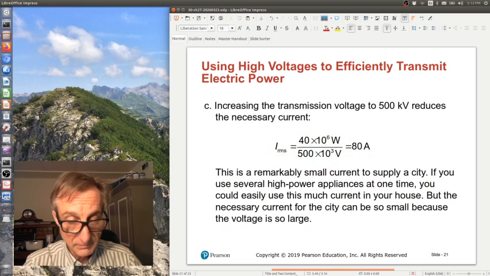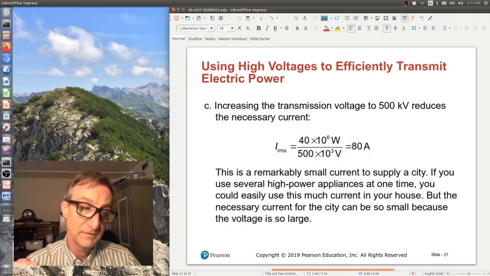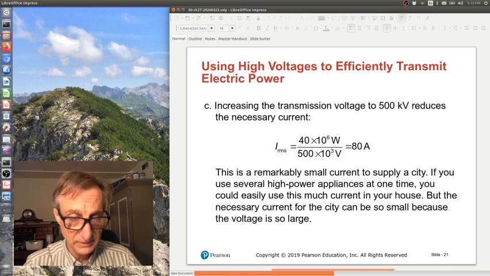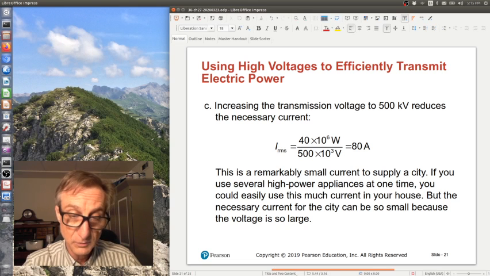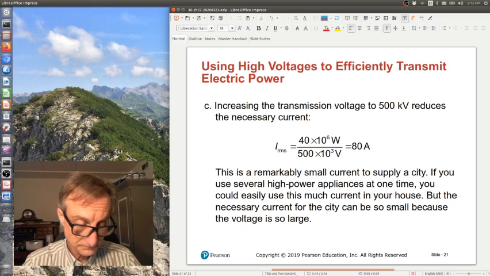And that's actually a rather small amount to supply to an entire city, but remember, it's being transported at 500,000 volts. We're going to step it down to a reasonable value before it's used by the consumers in that city, at which point the voltage is going to drop considerably, ultimately down to 120 volts, which is going to step the current up considerably as well.